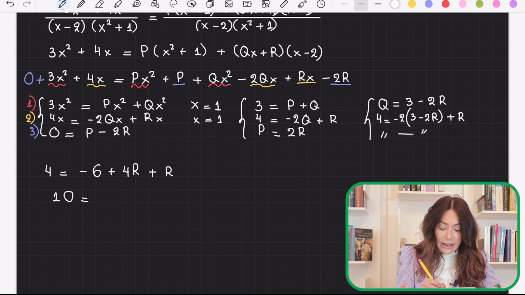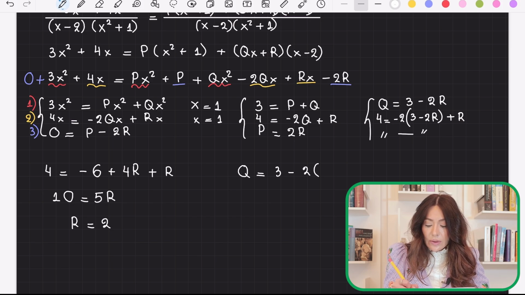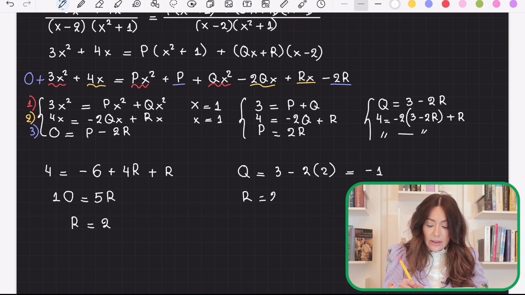That is 10, and this is 5R. Well, looks like R equals 2. Okay, then I'm going to find Q: 3 minus 2 times 2, which is R, we just found that, and that is -1. R is 2, Q is -1, and P was 2R, or 2 times 2, or 4.